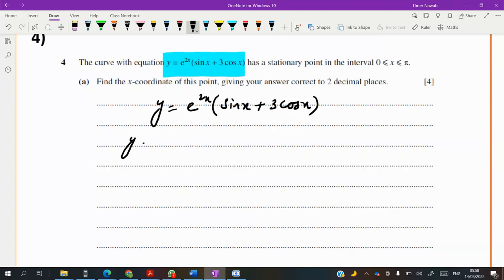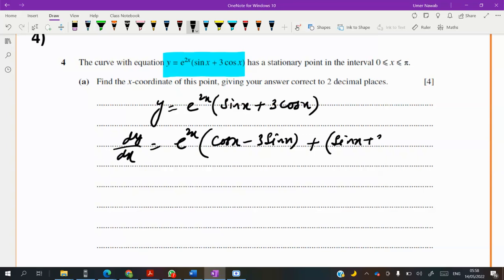So y equals e raised to 2x, open the bracket, or if you don't want to, you can leave it as it is. I'll just start applying the differentiation. Dy by dx: leave e raised to 2x, times the derivative of sine x plus 3 cosine x, and then e to the 2x times 2.